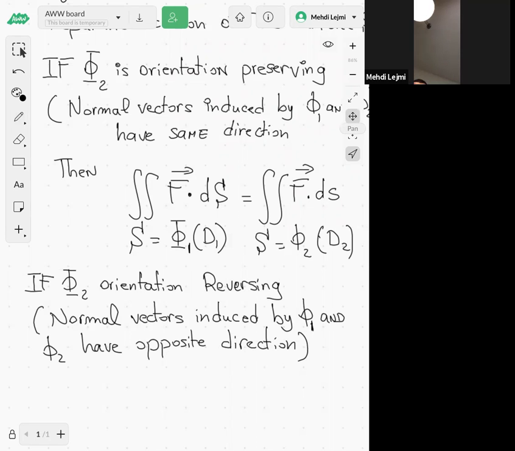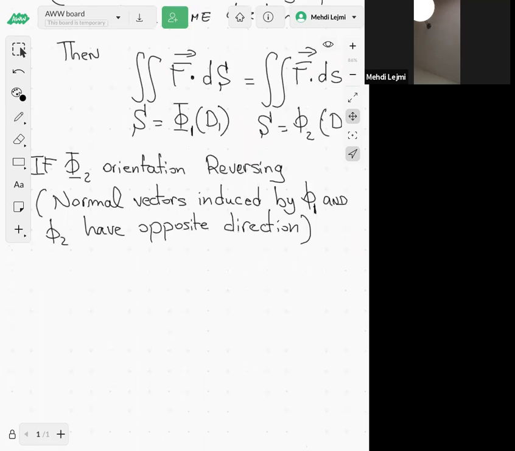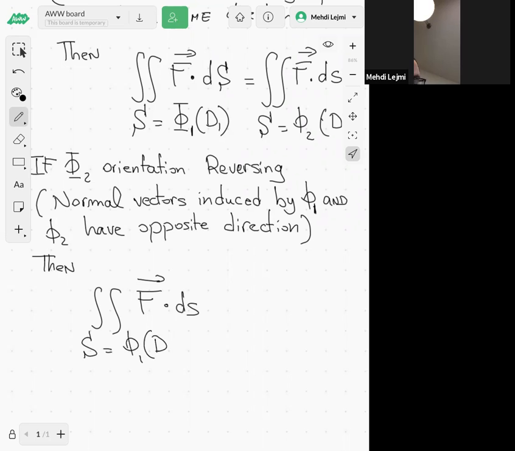This is again analogous to the case of line integrals, the integrals along paths. Then the vector surface integrals are going to be opposite. So the integral along S parameterized by phi 1 is equal to minus the integral along S parameterized by phi 2.